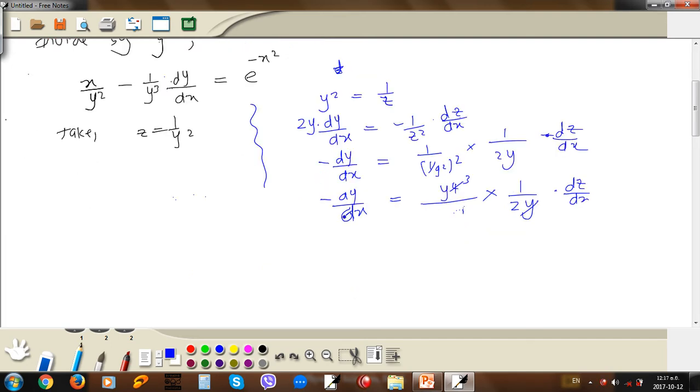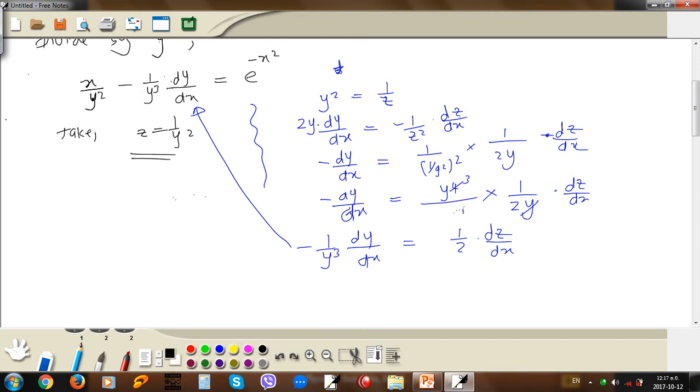So I am sending this y cube to that side, then minus 1 over y cube times dy by dx equals here remaining half times dz over dx. So instead of this term, now we can substitute, right? I take z equals 1 over y squared.